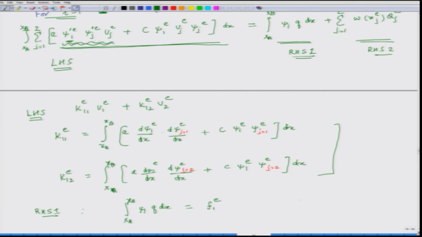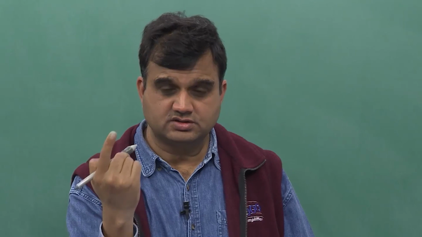So, this I call Q1 of E. Why is it Q1 of E? Here W I am putting as psi 1, the first variation. When W is psi 1, the value of W at the first node is 1, right, and at the second node it is 0.